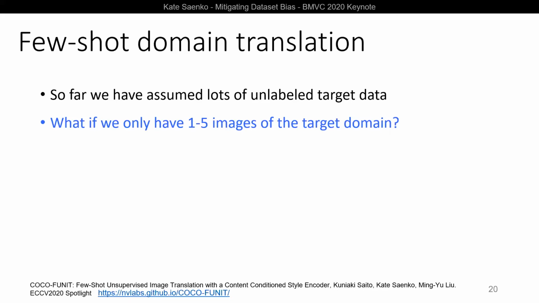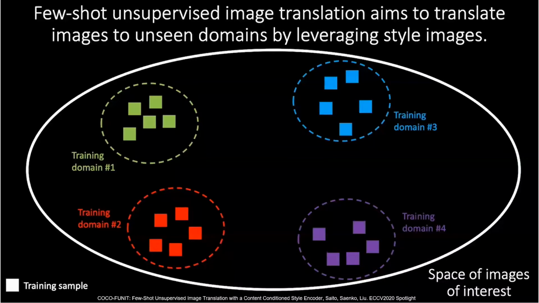So we try to address this problem, which we call few-shot domain translation, in our ECCV 2020 paper called COCO-FUNIT. So again, the problem here, we call it few-shot unsupervised image translation, which aims to translate an image to unseen domains by leveraging just one or a few input images from that domain.